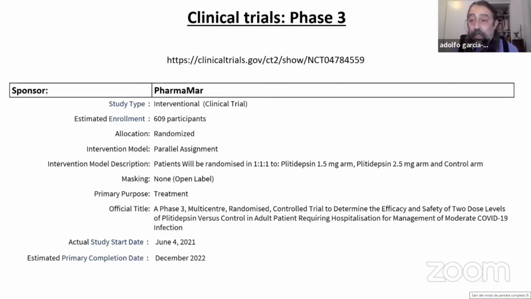Many of the standard of care treatments are with dexamethasone for people that are being hospitalized, and with different amounts of plitidepsin, in order to find out whether these 2 dose levels of plitidepsin versus control reduce the number of days in the hospital of people with severe COVID-19. And we hopefully expect this trial to be finished by December 2022.